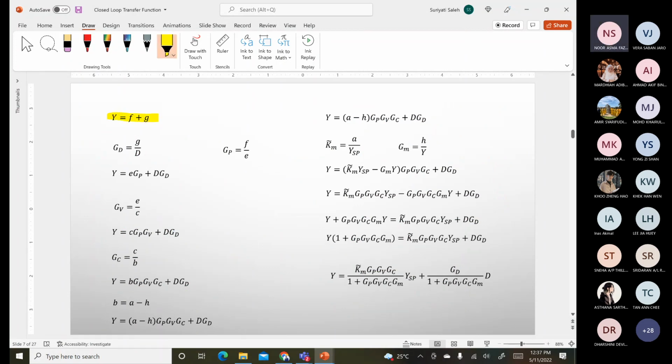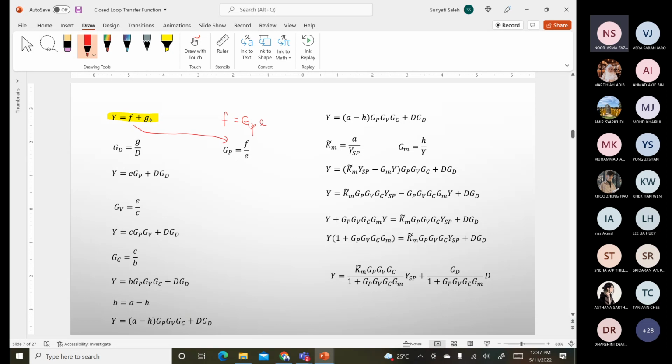Now we want to know how we can substitute the F and the G. The F coming from the process transfer function, where the GP equal to F over E. So in this case, the F equal to GPE.